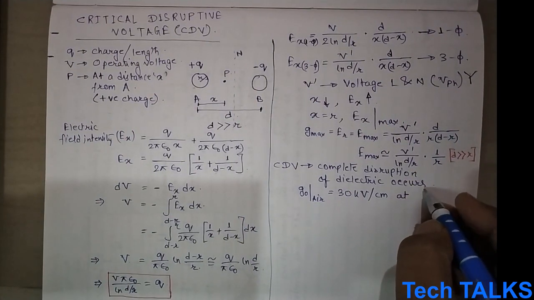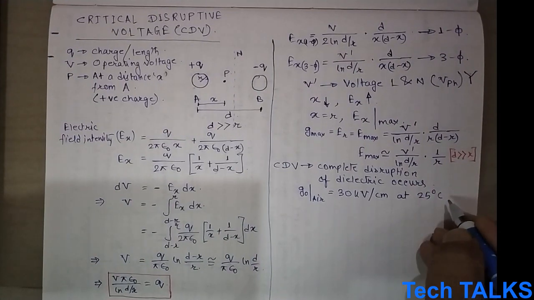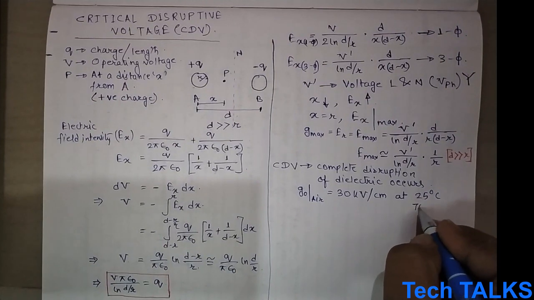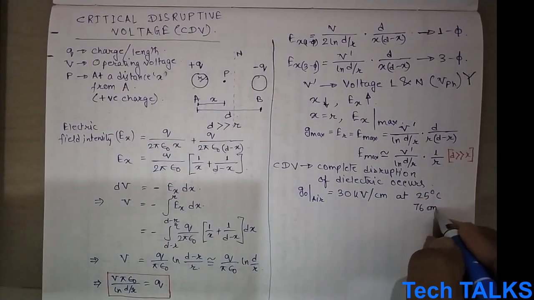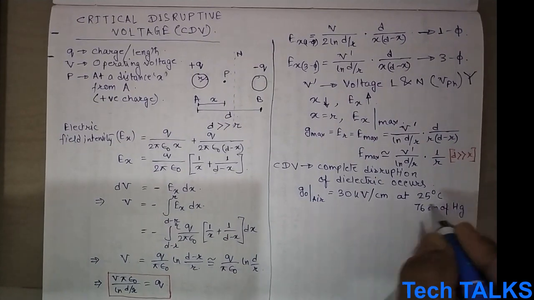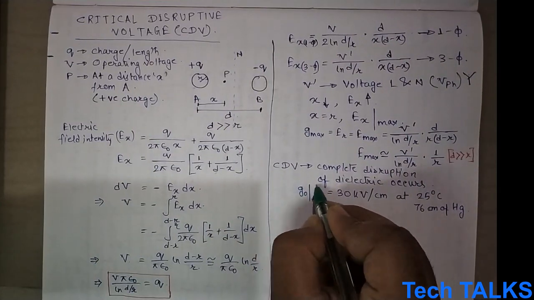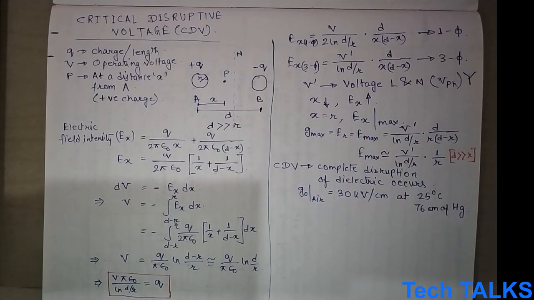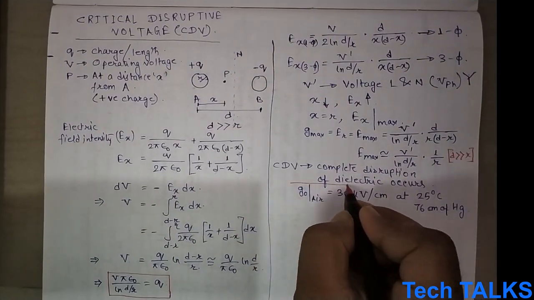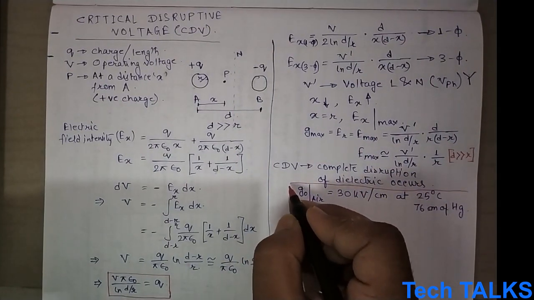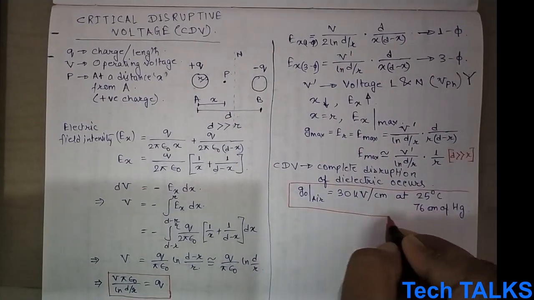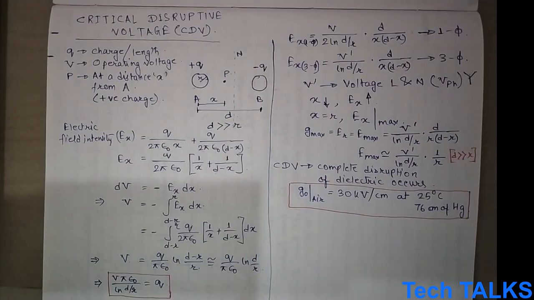What does that mean? It means you have two conductors at a 1 centimeter gap, and both the conductors are placed at 25 degrees Celsius and the pressure is maintained at 76 centimeter of mercury column.